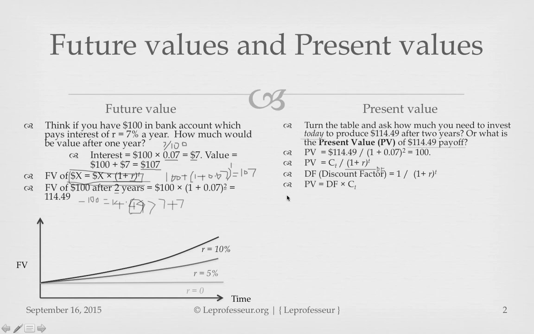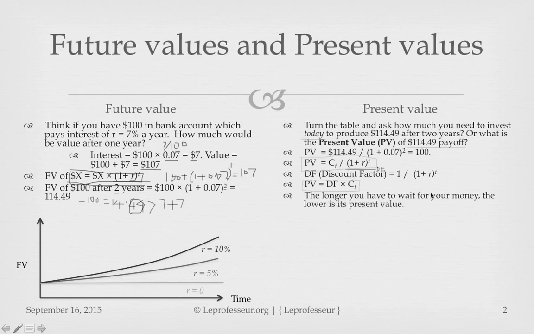Or in other words, you can say that the present value is the discount factor multiplied by the future cash flow. Present value is the future cash flow divided by 1 plus interest rate to the power t, right? So remember these formulas.